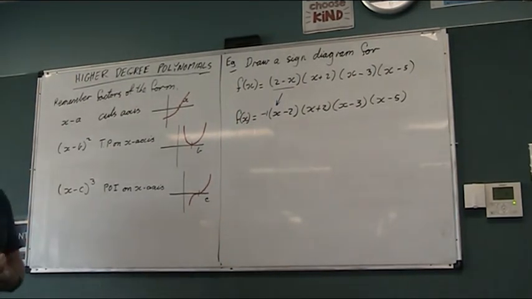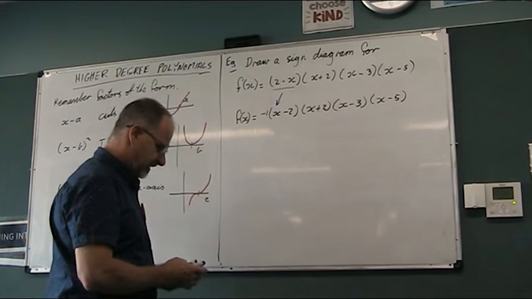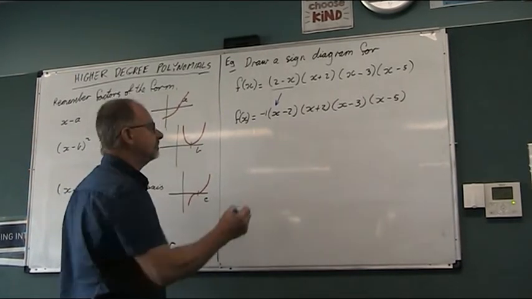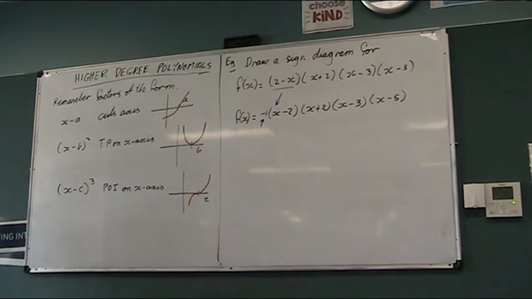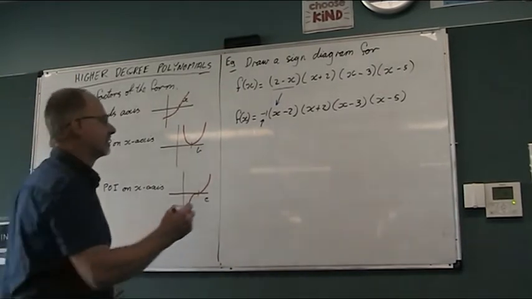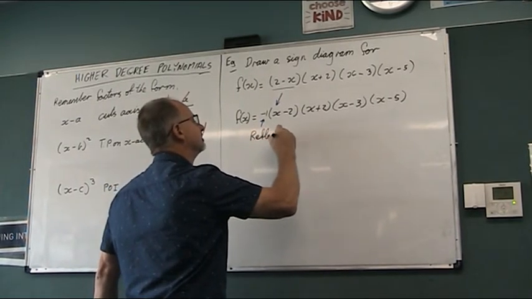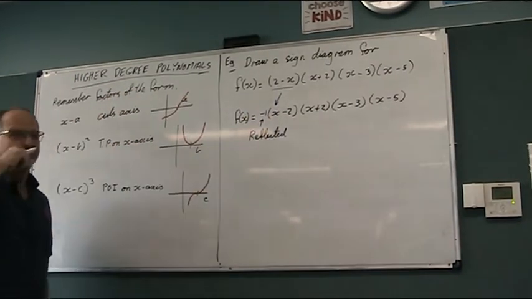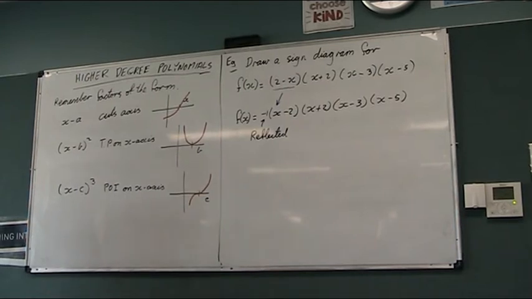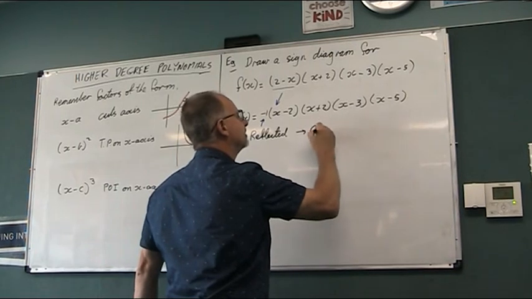So this minus 1 at the front tells us what? It's reflected. So it's a reflection in the x-axis. What sort of power would it be? It would be a power of 4. So it's a quartic.